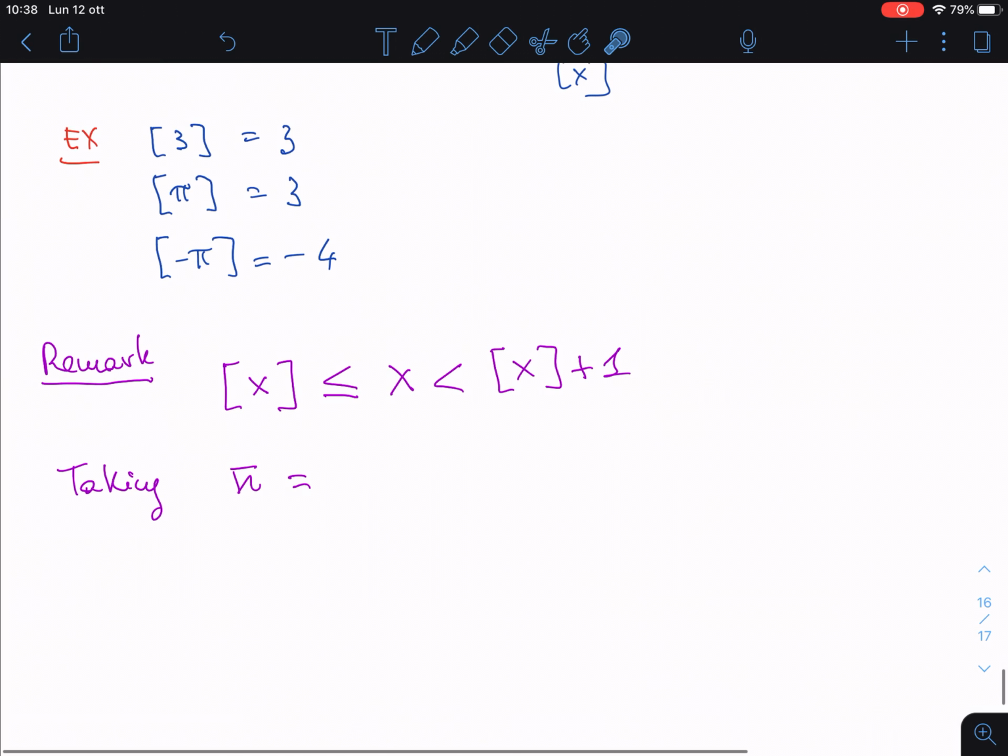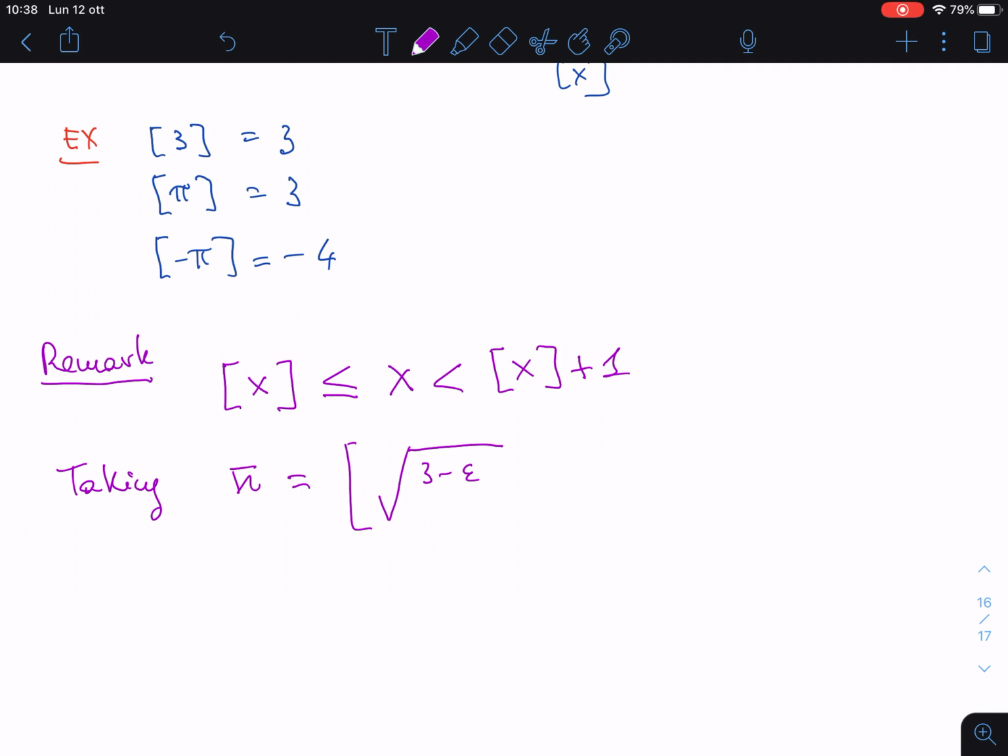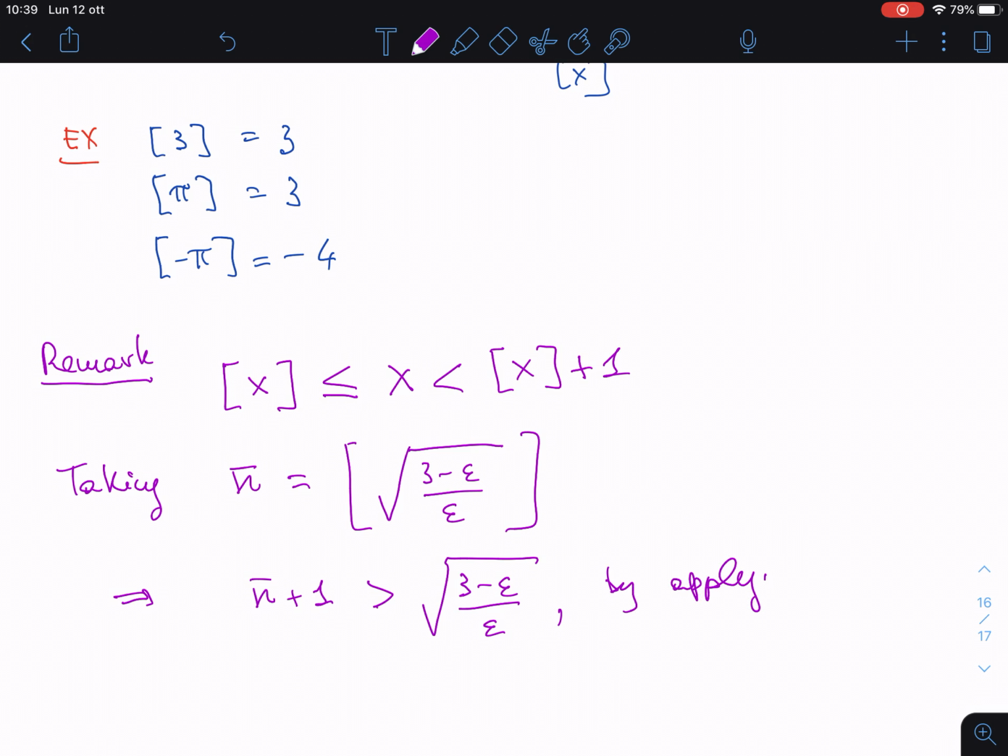But its integer part is integer, so I say that n bar is equal to the integer part of the square root of (3 minus epsilon) divided by epsilon. Now, we have that n bar plus 1 is larger than the square root of (3 minus epsilon) divided by epsilon, by applying the second inequality in (2).